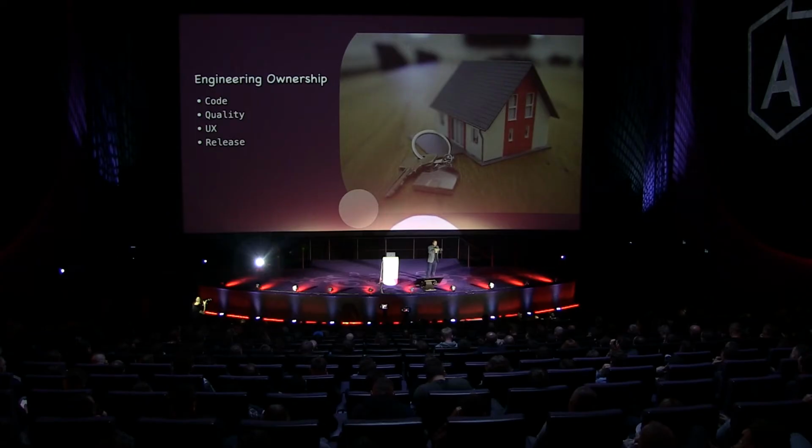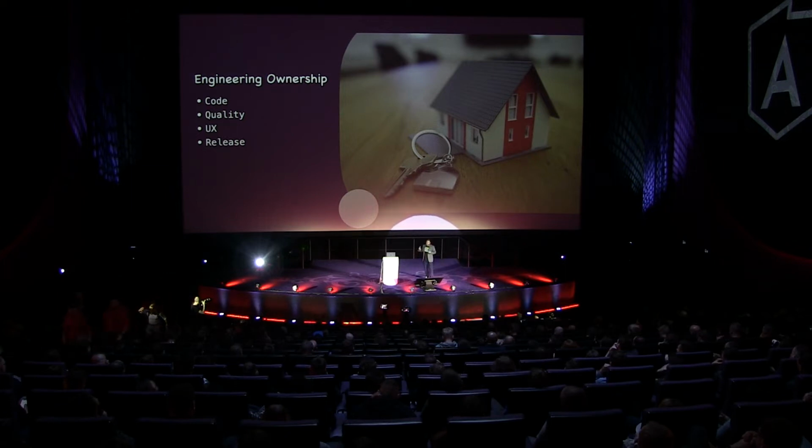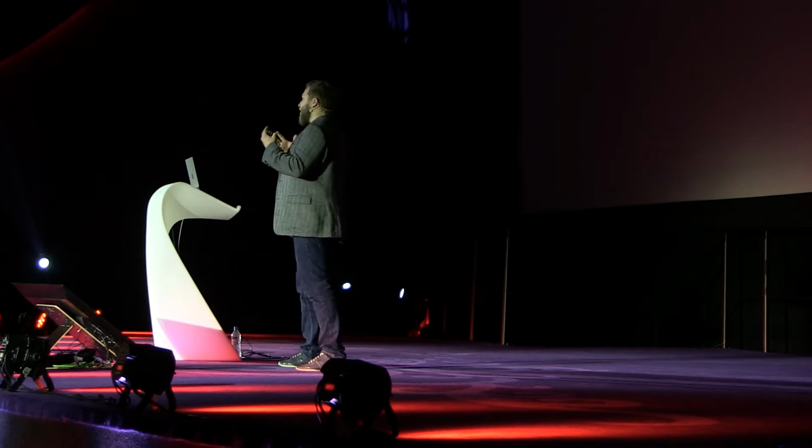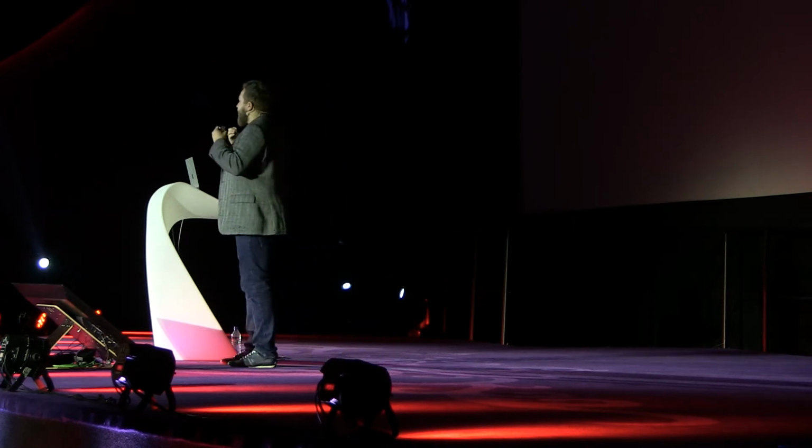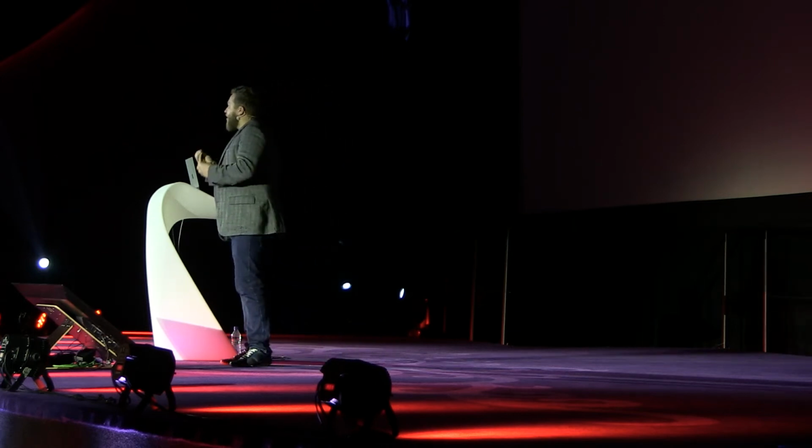We want to be like a good homeowner. We want to own the feature, right? It's not only about the code. It's also about the quality of the code that we write, how it looks on the UX side. And also, we want to make sure that it actually gets to the customers. Right? So engineering ownership is that pride that gives us the ability to really be proud and really own a piece of code that we're delivering to the customer.